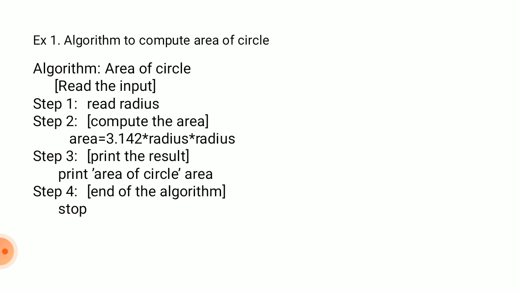After processing, in step 3, we print the result, that is the area of the circle. Area is an output variable where the value of the area is stored. In step 4, we end the algorithm and stop. So this is a simple algorithm that includes only 4 steps: read, process, print and stop.